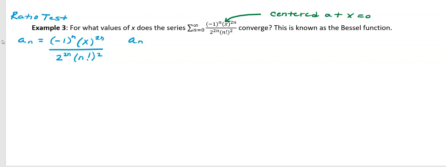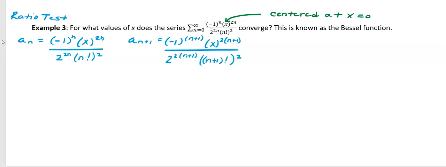And then for a sub n plus 1, remember anywhere you see an n, we'll rewrite it as n plus 1. So we have -1 to the n plus 1 power times x to the 2 times n plus 1, over 2 to the 2 times n plus 1, and then we have n plus 1 factorial being squared.